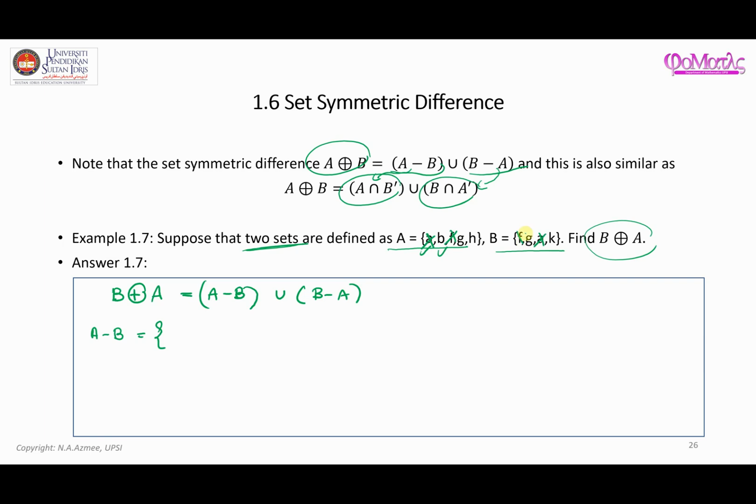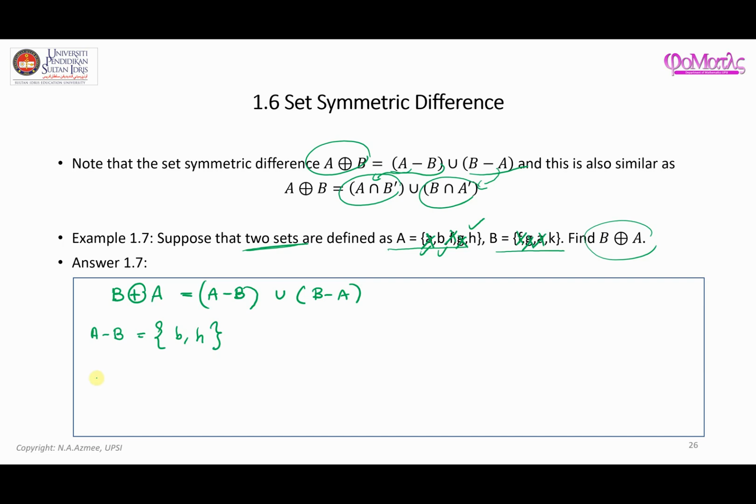F cannot, okay, because it's over there. G also cannot because it's over here. H, yes, you can consider H because it is only in A. So for the first one here, the elements for set difference A and B is going to be B and H.